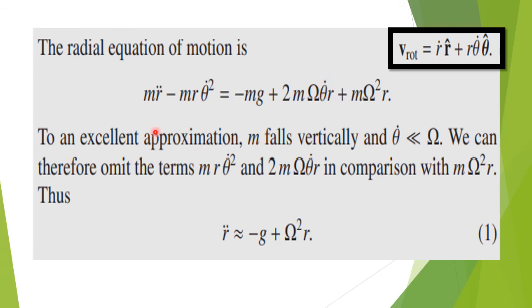You cancel m throughout, and you get the relation r double dot is approximately equal to minus g plus omega square r. This is our radial equation of motion, given by equation number 1.